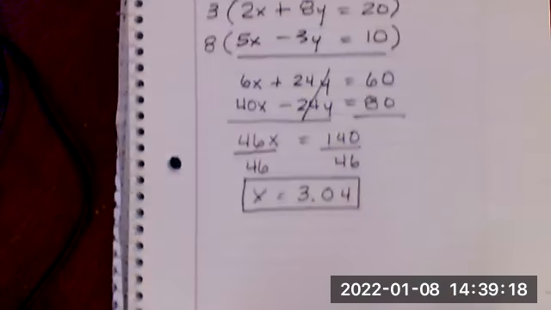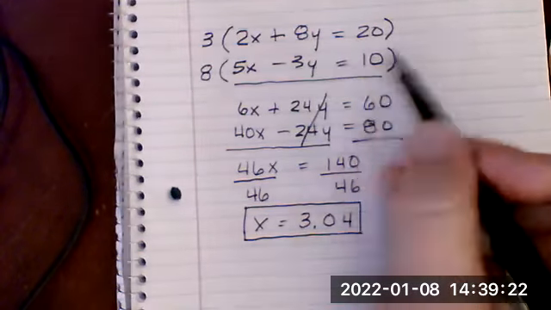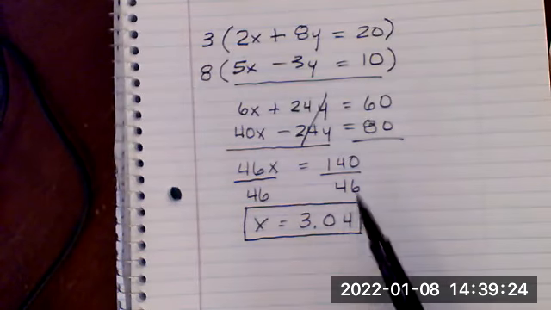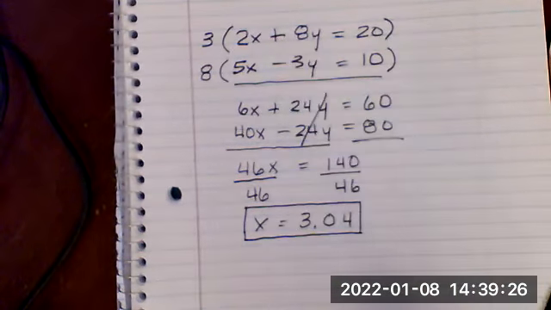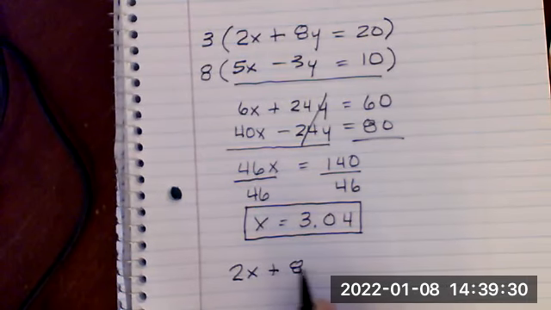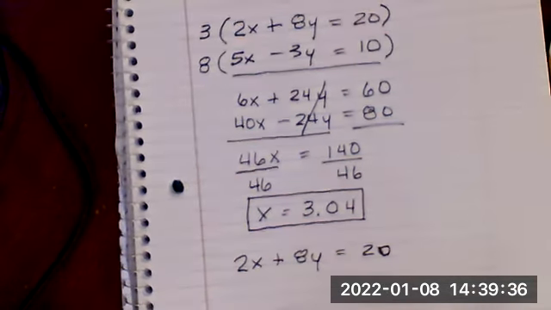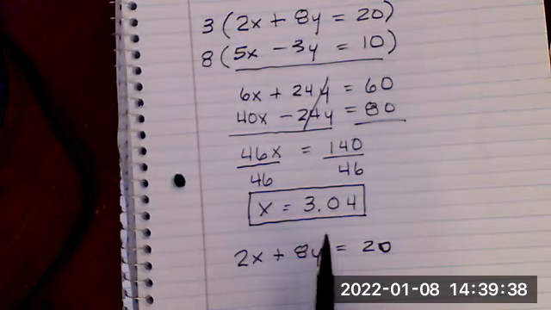Now, I'm going to substitute this. You can substitute this back into either one of these equations. I'm going to substitute it back into the first equation up here. So we have 2x plus 8y equals 20, right? And so we're going to substitute in the 3.04 for x.